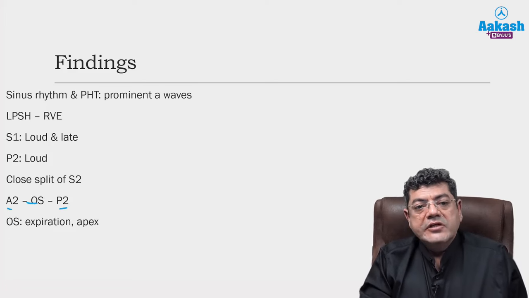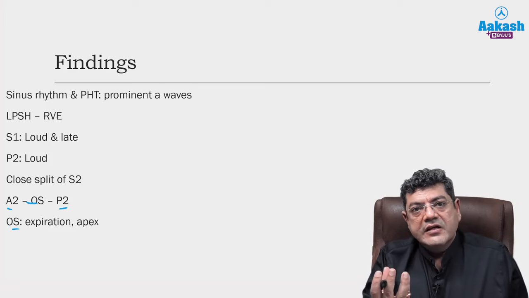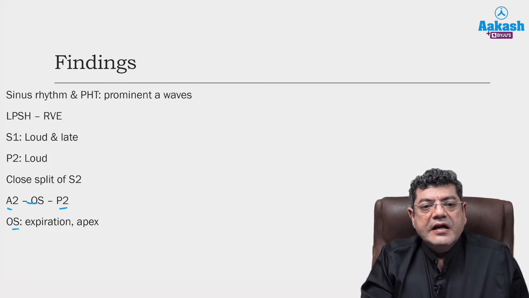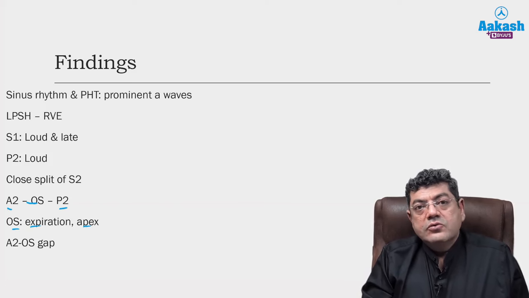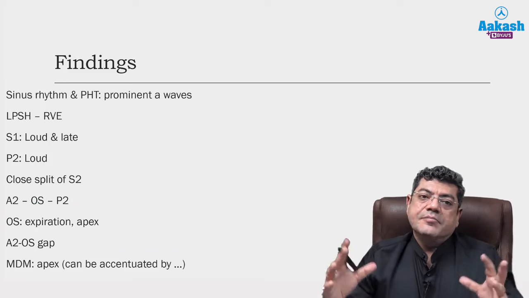I described how the opening snap is because of the opening of the stiff mitral valve, and it's best heard in expiration at the apex. The A2-OS gap is inversely proportional to severity of MS. The shorter it is, the more severe the stenosis is, because that implies that left atrial pressure is that much higher.